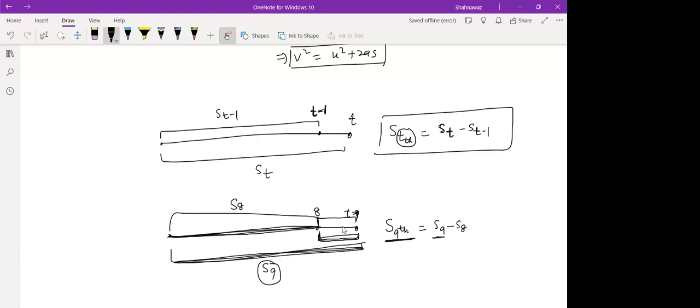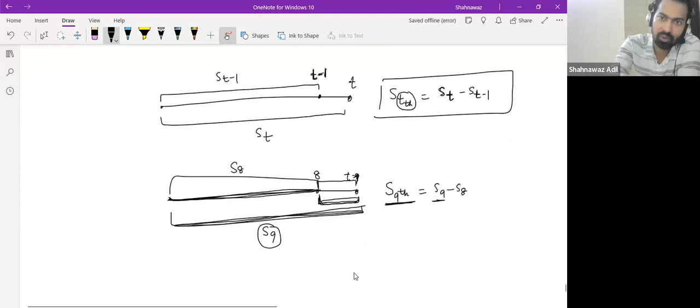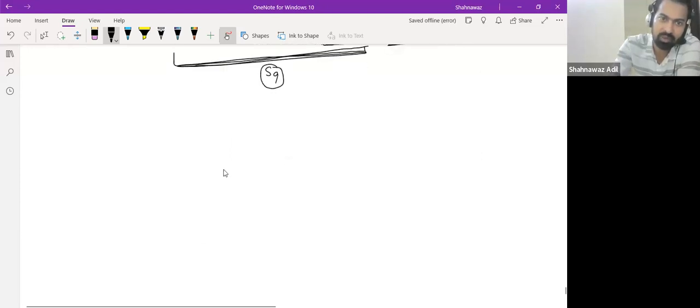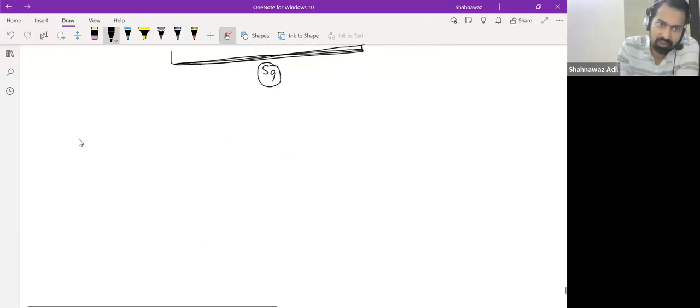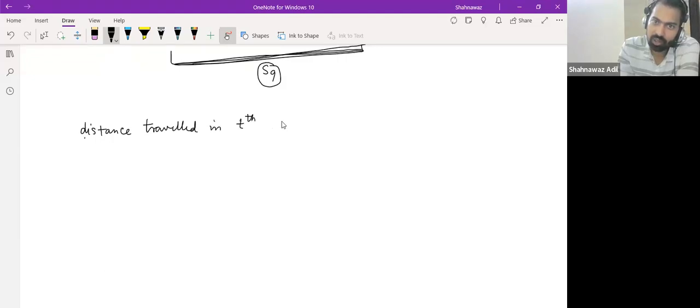Yes, sir. Okay, so let us derive the formula for that. S_t^th, and people write it as S_nth. So let me write it as distance traveled in the t-th second.